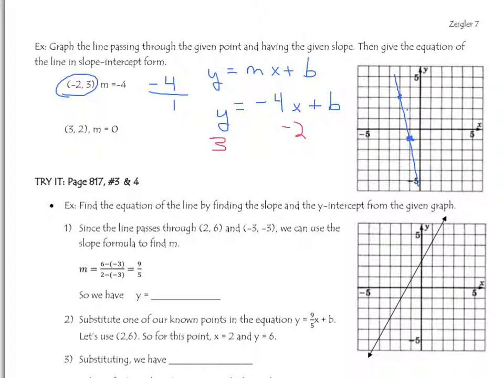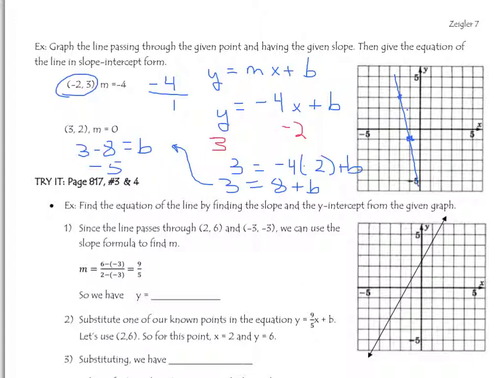So we do that and we get 3 equals -4 times -2 plus b, or 3 equals 8 plus b. And if we subtract 8 from both sides, and I'm running out of space, so I'm going to do this right here, we get 3 minus 8 equals b, or -5 equals b.